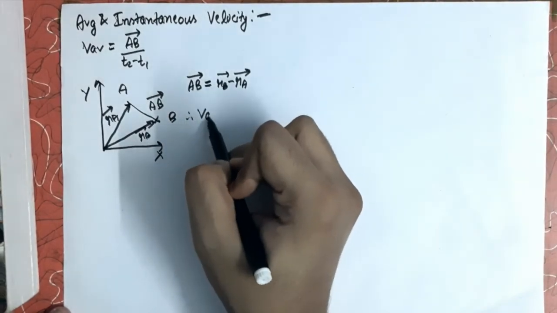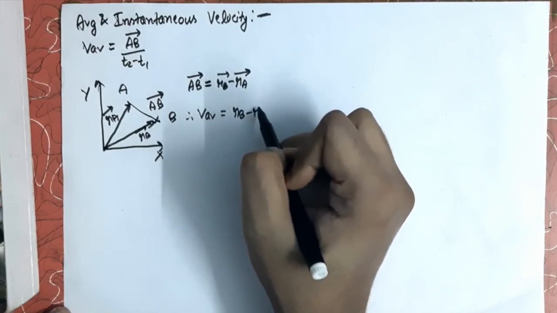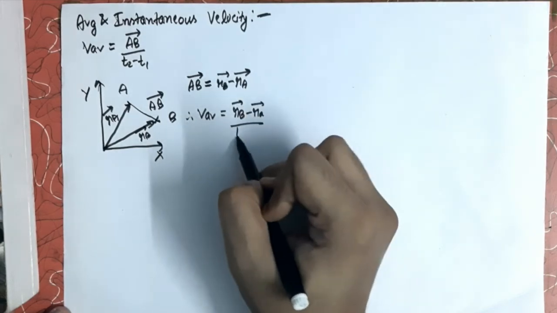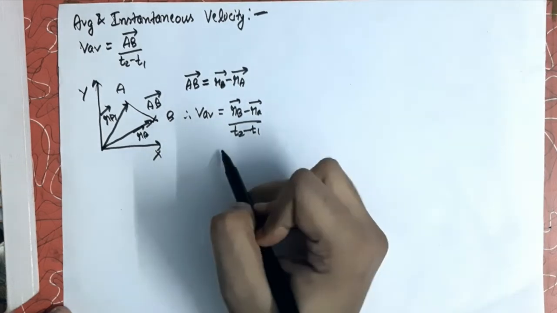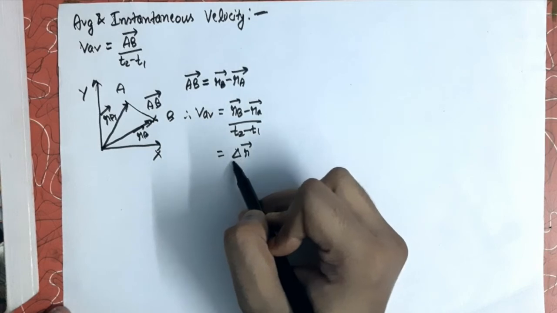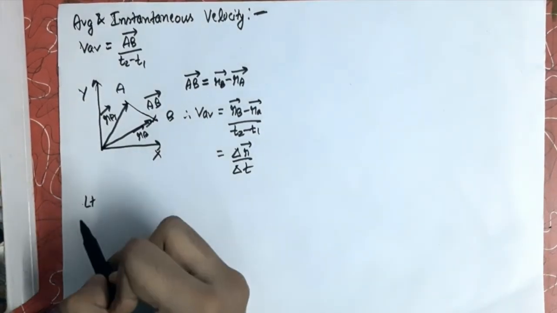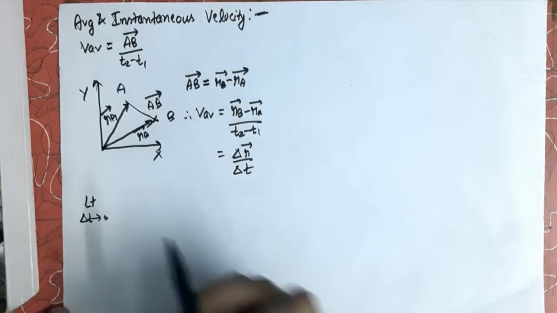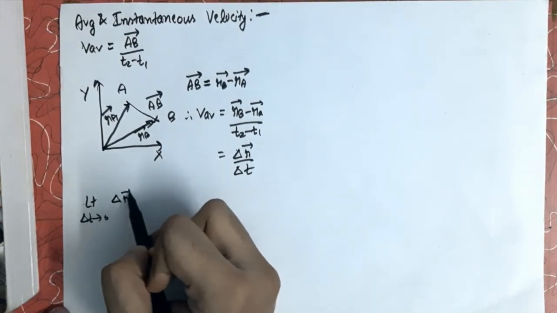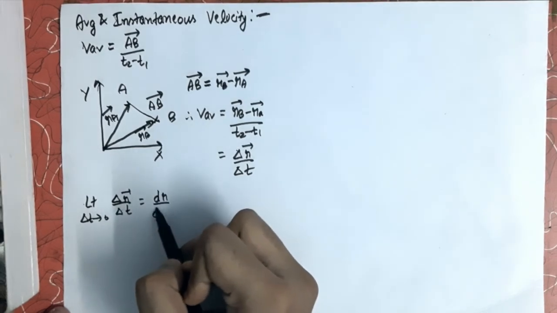Therefore, v average is what? It's the RB vector minus the RA vector by change in time. So this is what? Delta R by delta T. If you put the limit delta T tends to 0 in delta R by delta T, this will give you dr by dt.